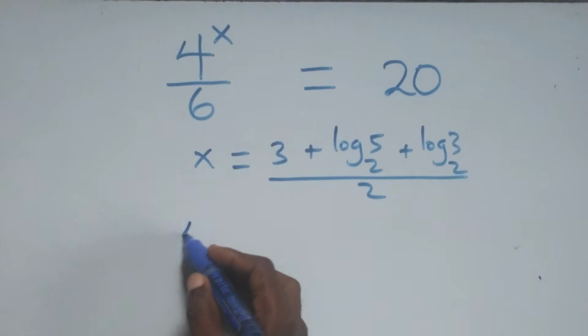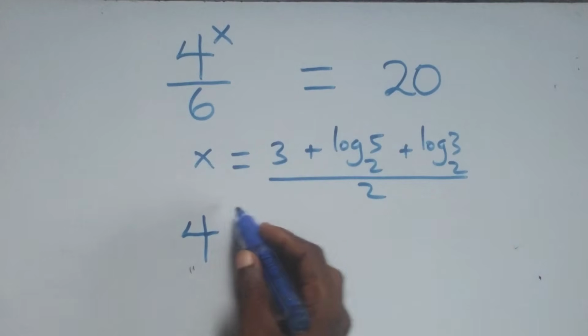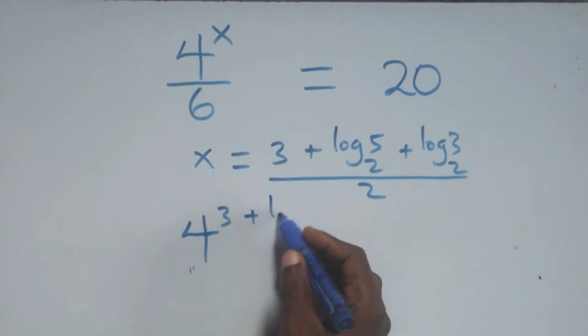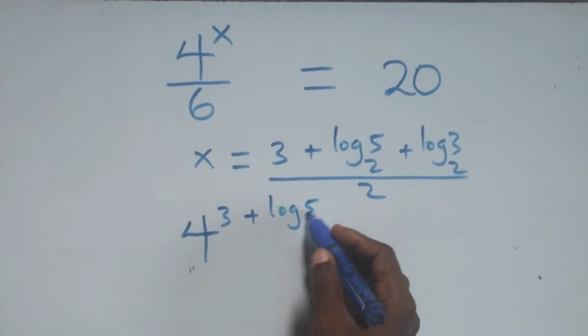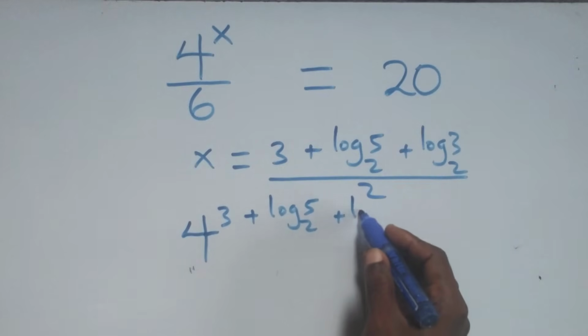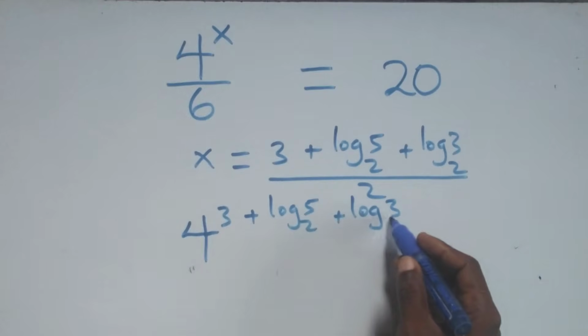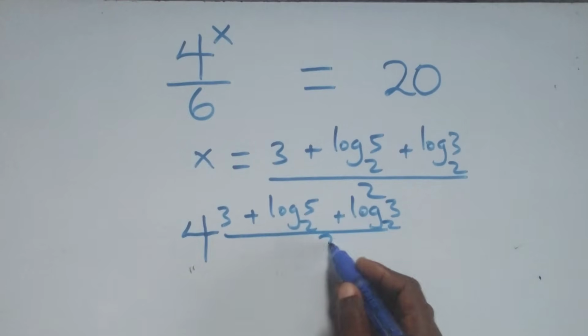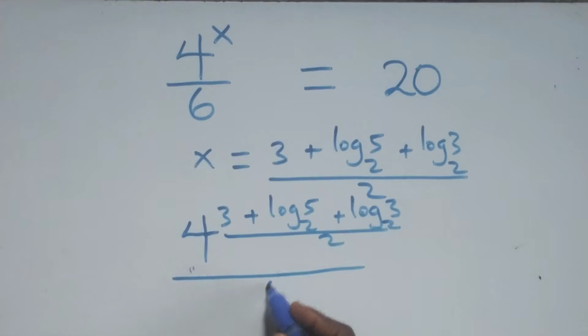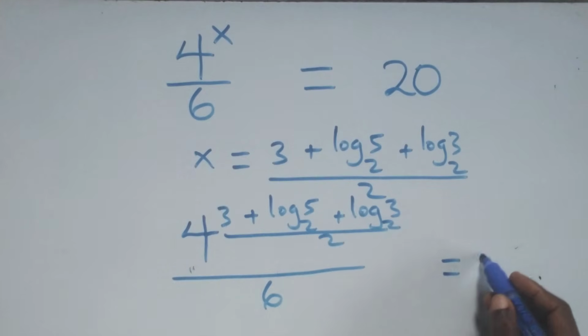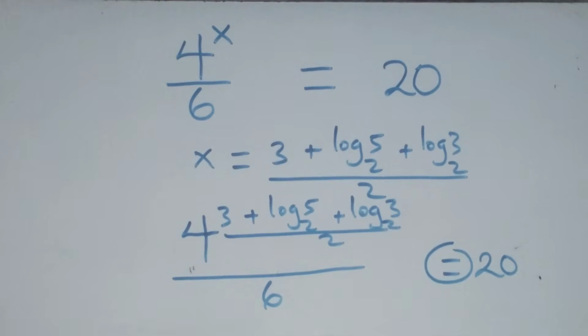And what we have becomes 4 raised to power 3 plus log 5 base 2 plus log 3 base 2 all over 2, divided by 6. This equals 20 on this side.